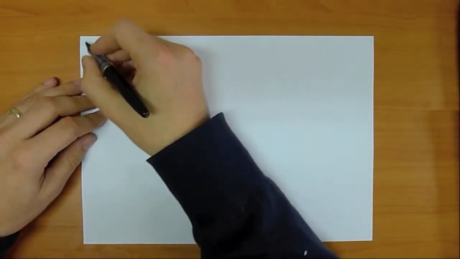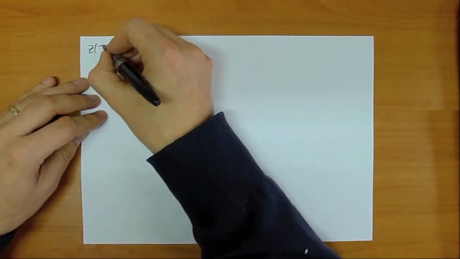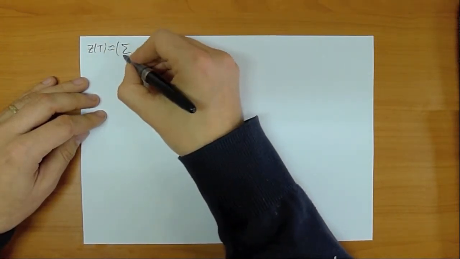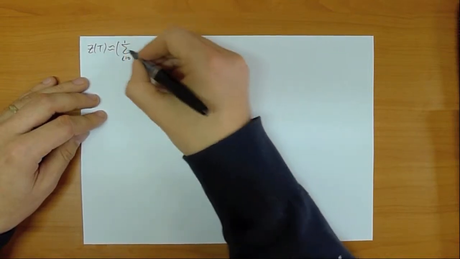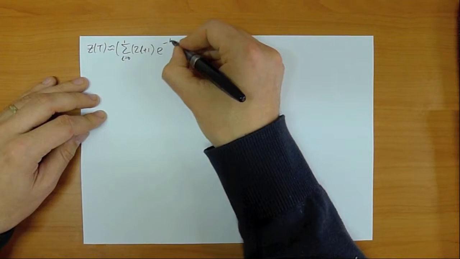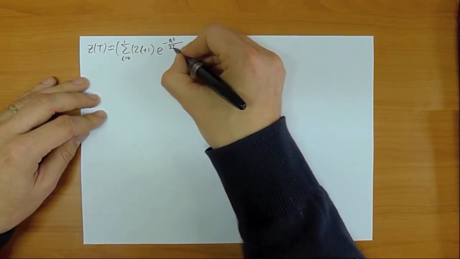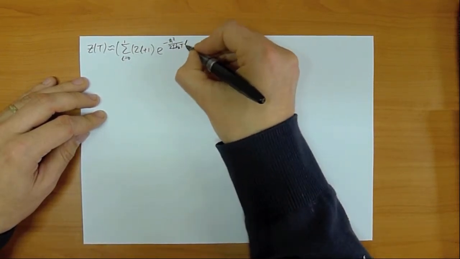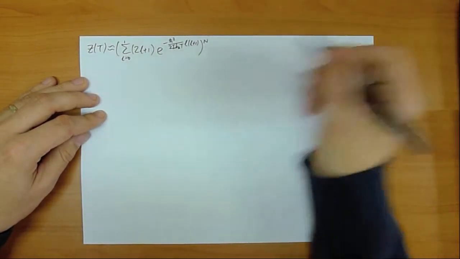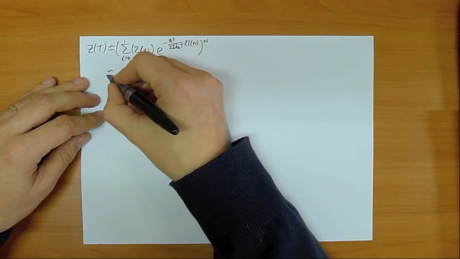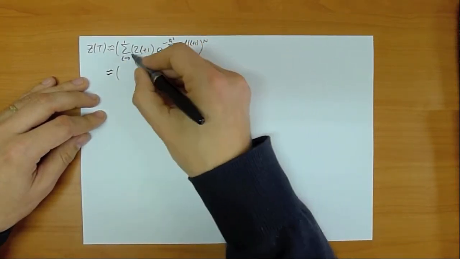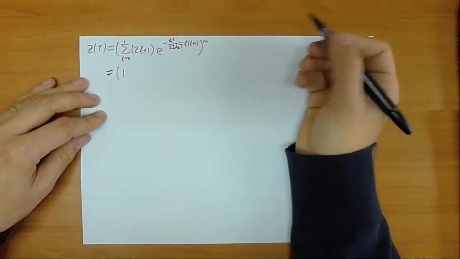Right, so we have then that z of t is approximately equal to the sum, L goes from 0 up to 1 only, 2L plus 1, e to all this funny stuff, all to the power n. Okay, now, which is equal to, if L equals 0, this just gives me 1, this gives me 1, so I get 1.